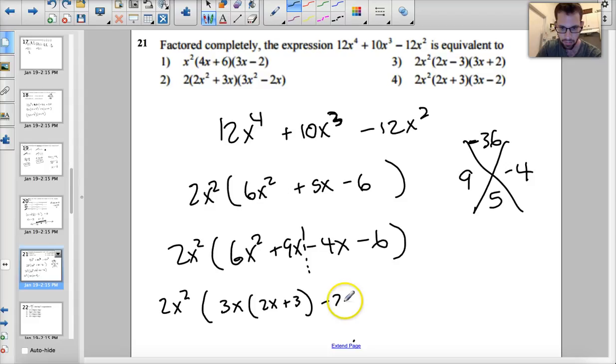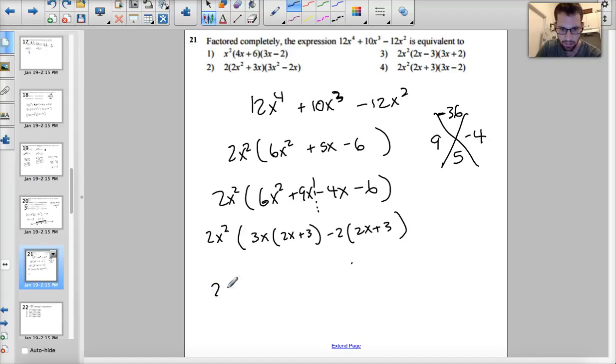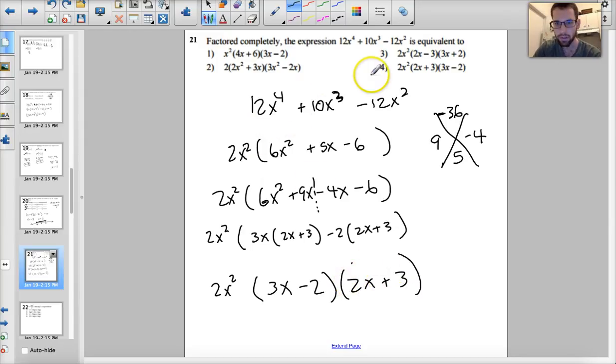Here it's going to be a negative 2, which leaves me with 2x plus 3. The 2x squared comes down from here. And then I'm going to wind up with one factor as 3x minus 2, and the other one is going to be 2x plus 3. And that looks like 3x minus 2, 2x plus 3, and 2x squared. That's answer choice number 4.